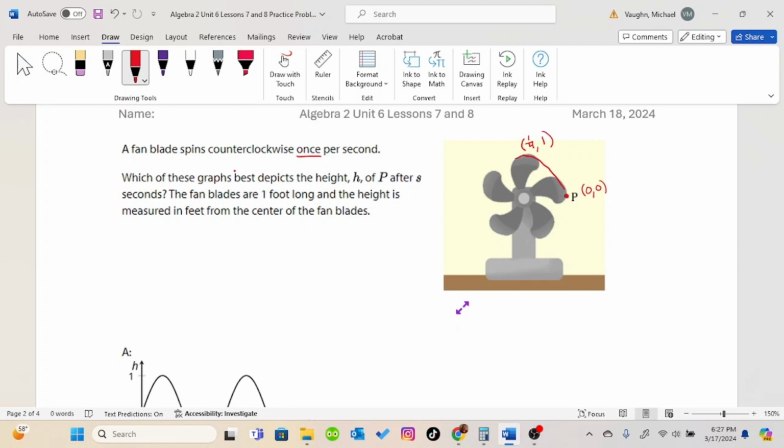Then it's going to continue rotating counterclockwise, and at 1/2 second, the height is 0 again.